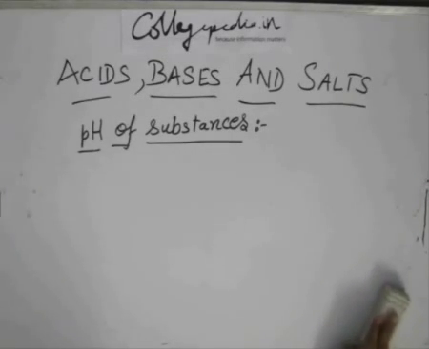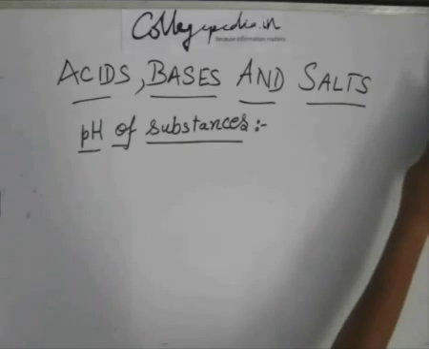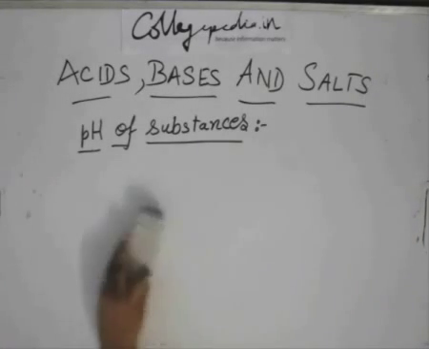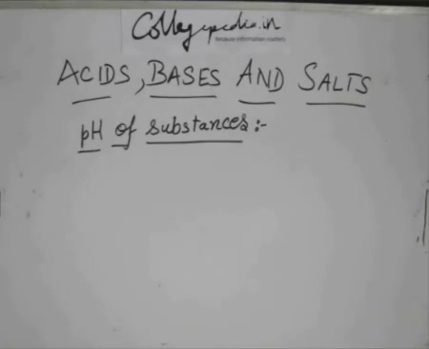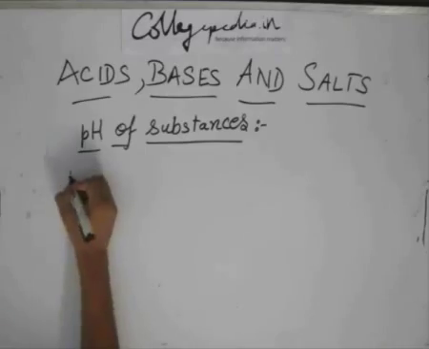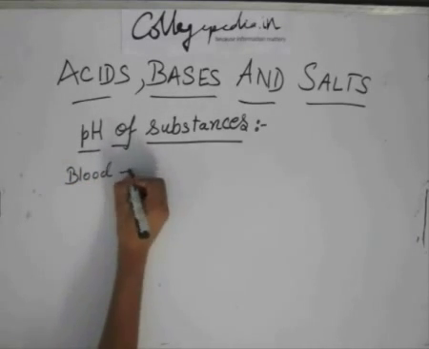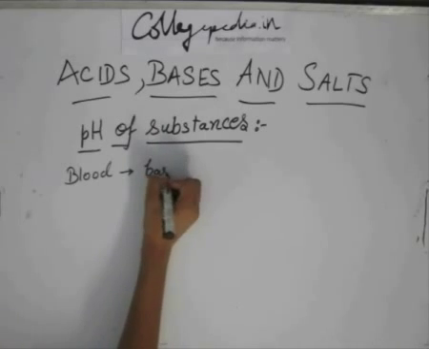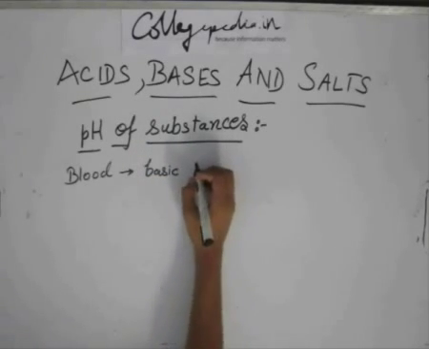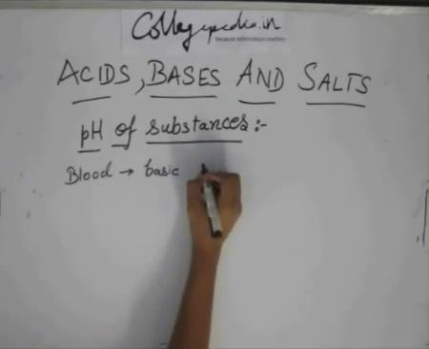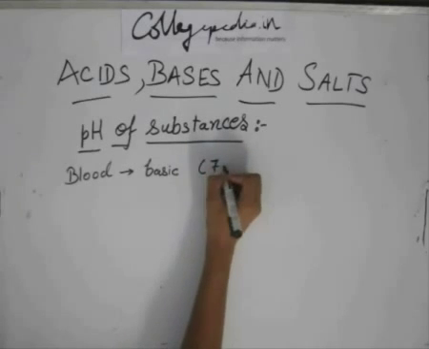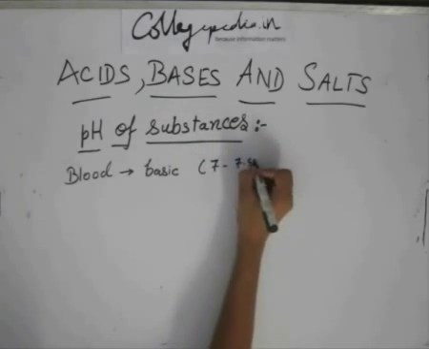Now, pH is very important for our life. You'll see that human blood is basic, slightly basic, not very basic. Its pH varies from 7 to 7.8.